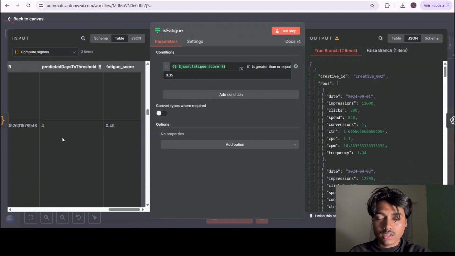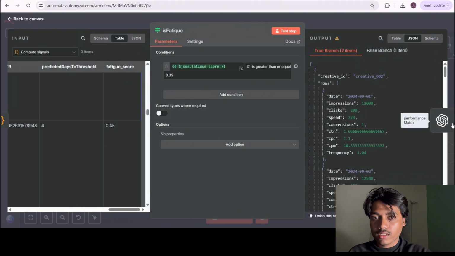So in 4 days, this is going to reach the fatigue, and this ad is no longer going to work. So this is how we got the rows to understand which creatives are going to be fatigued in a few days.